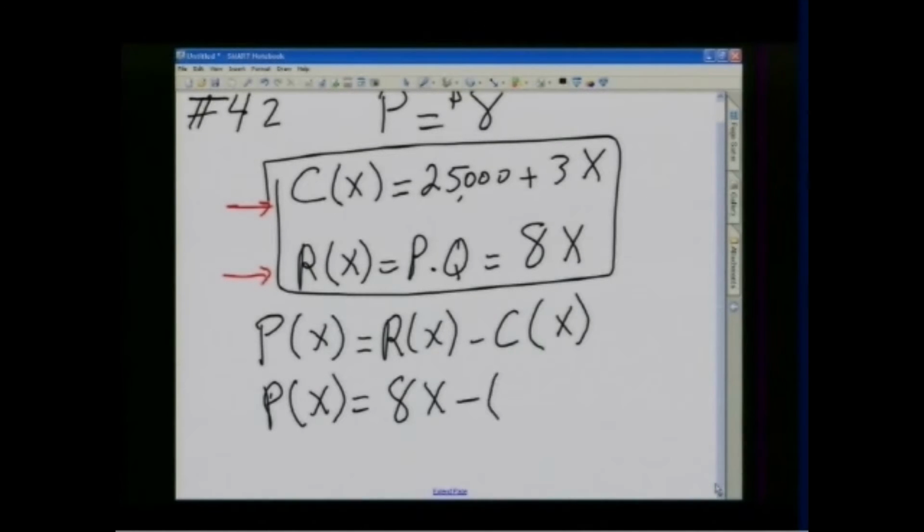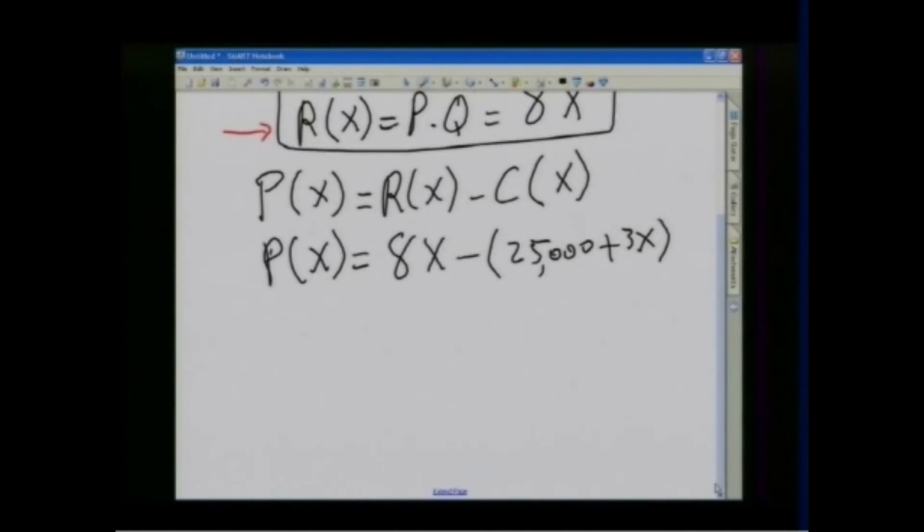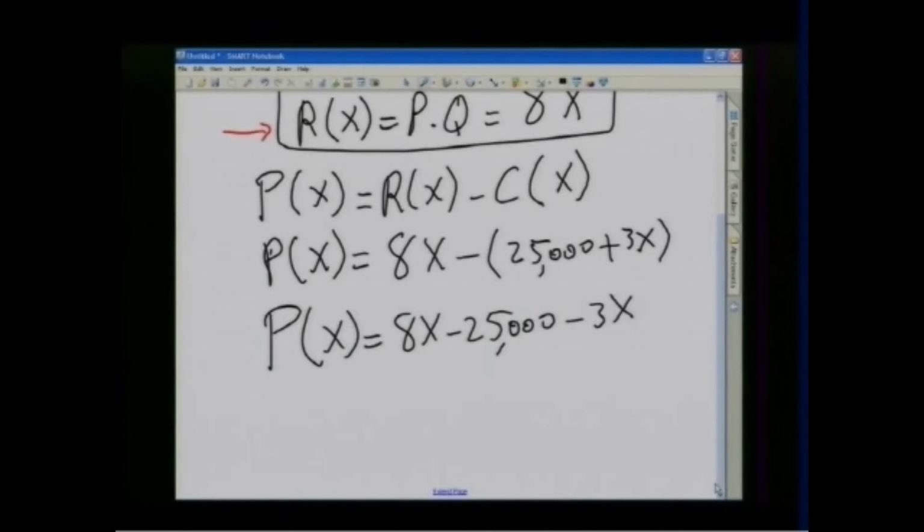Minus cost is minus 25,000 plus 3x. Therefore, profit as a function of x is equal to 8x minus 25,000 minus 3x. P of x, profit, therefore, is equal to 5x minus 25,000.